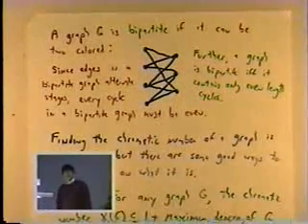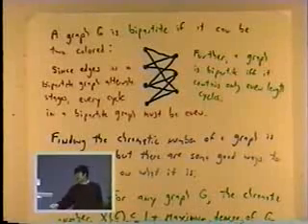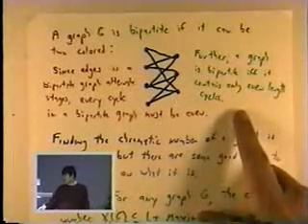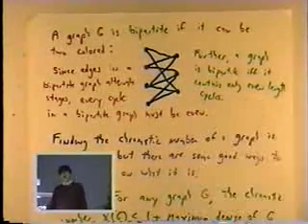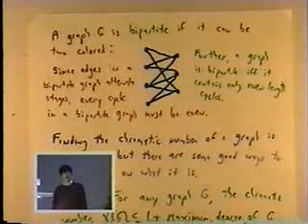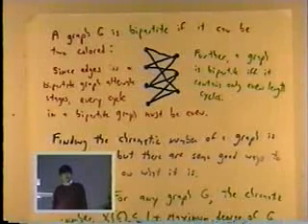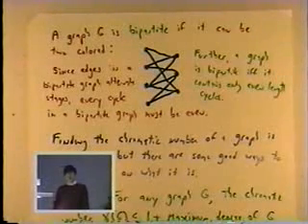The other interesting characteristic of bipartite graphs is that every cycle in a bipartite graph is of even length. Does that make sense? Let's stop and think about it. It should make sense. Why?